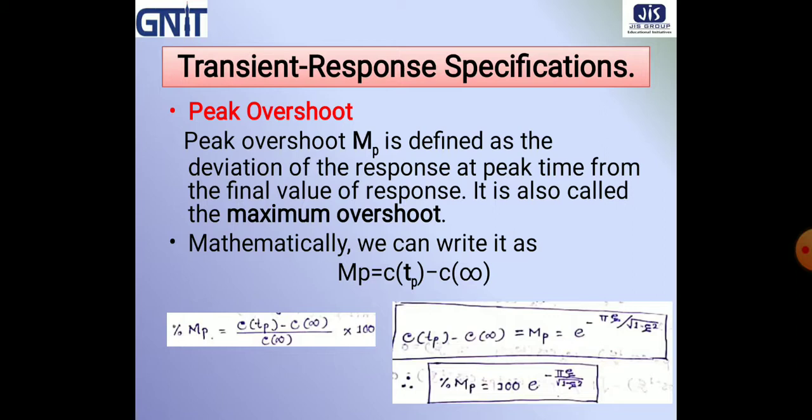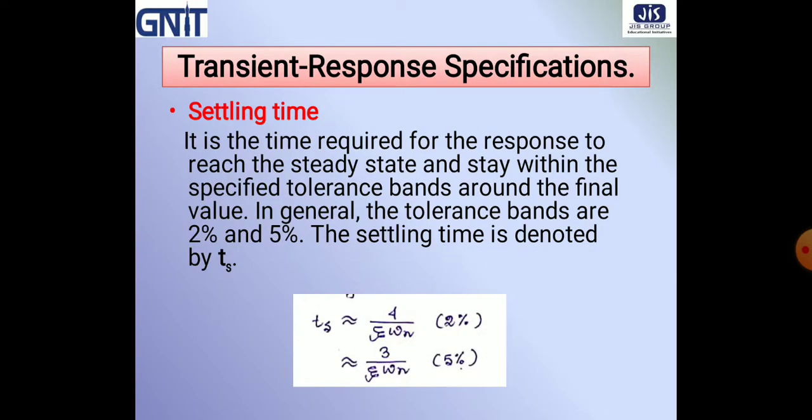If we want to calculate the peak overshoot in percentage form, then we have to multiply 100 with this equation. So percentage of Mp will be 100 into e to the power minus pi zeta divided by root under of 1 minus zeta square. That is our peak overshoot.